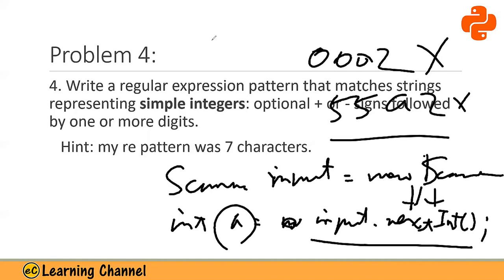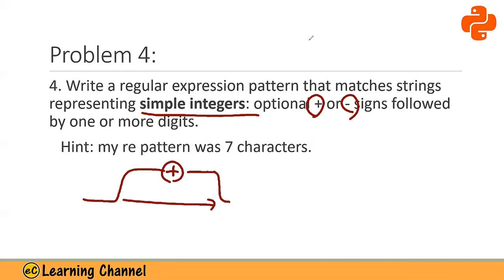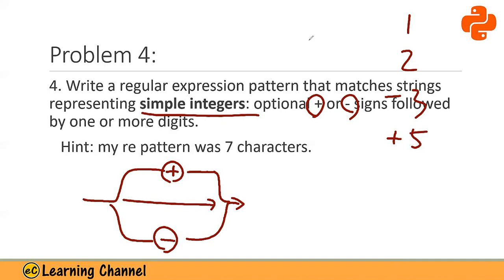It's pretty simple. We need to look into what an integer really is. An integer may have an optional plus sign or minus sign. So it may start with a plus sign, or a minus sign, or have no sign. So you can have 1, 2, minus 3, plus 4, plus 5, right? These are all legal integers.